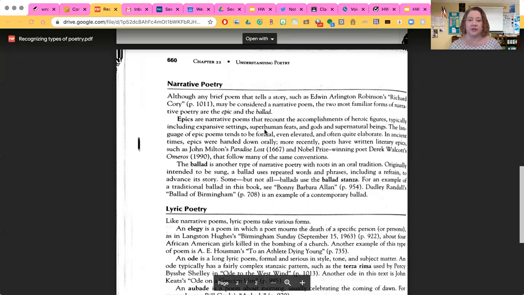The Aeneid, there are lots of them. They give the example of Paradise Lost. All of those are epic poems. Then a ballad is a song, and usually it's a song about some highly emotional thing like a battle or a love gone wrong or something like that.